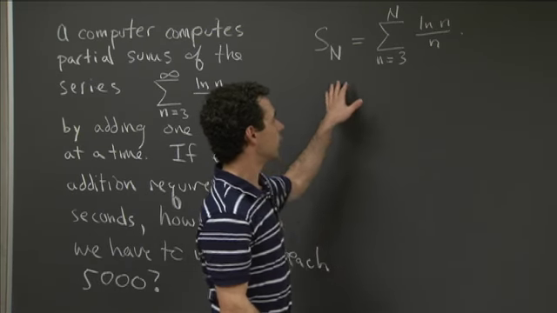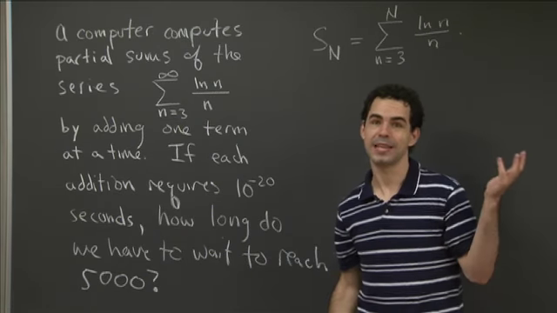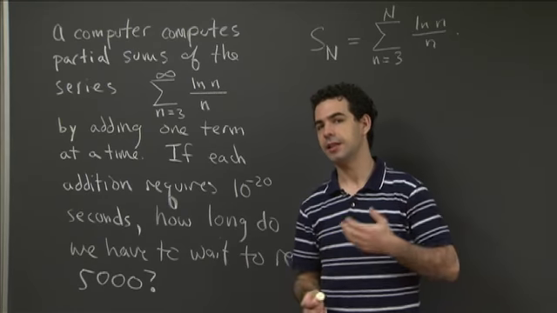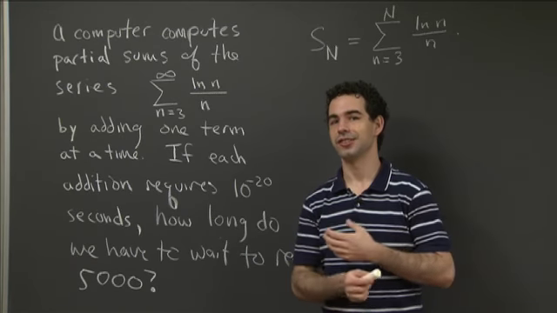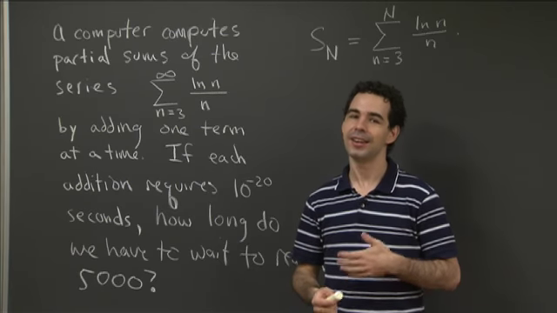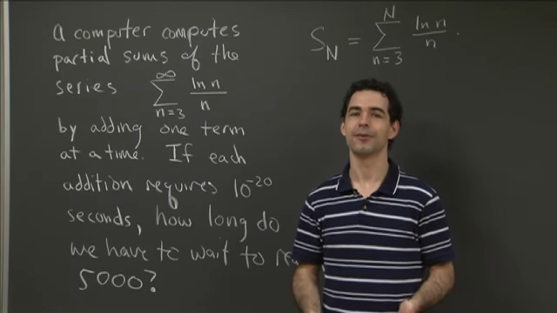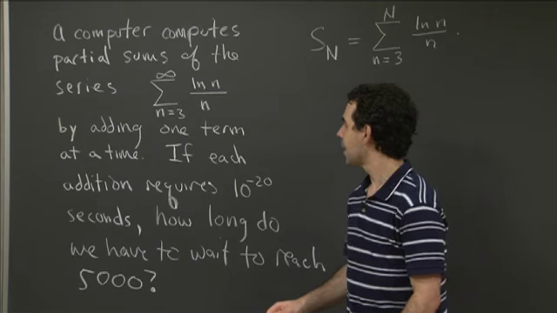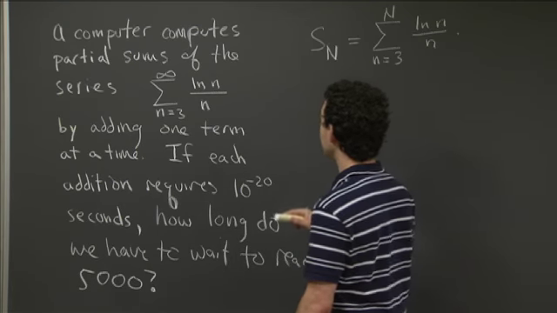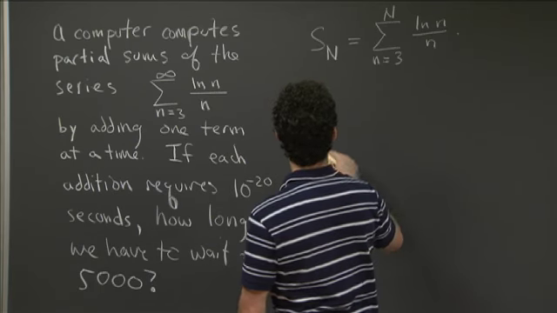So first of all, a priori, the answer could be forever. It might be that this series converges to some number less than 5,000. If that were to happen, then no matter how long you waited around, you wouldn't get there. But we can check that that's not the case. We can check that this series diverges.